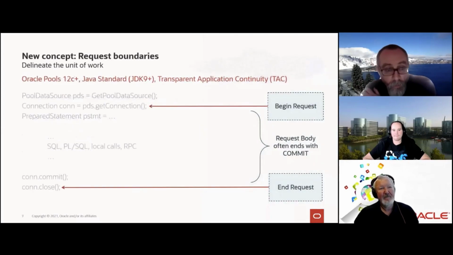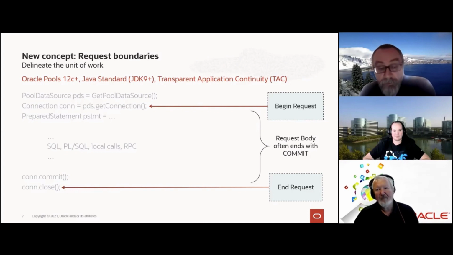One important concept we want to introduce, primarily aimed at application developers, is the unit of work and how it's demarcated with request boundaries, begin and end request. This is a Java example, but the concept applies whether you're on Java, OCI, or ODP.NET.